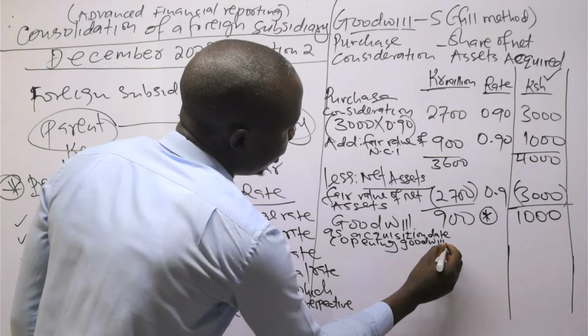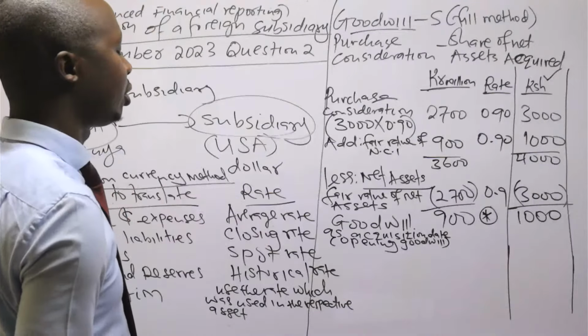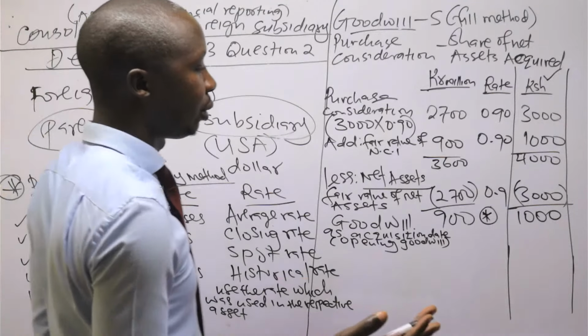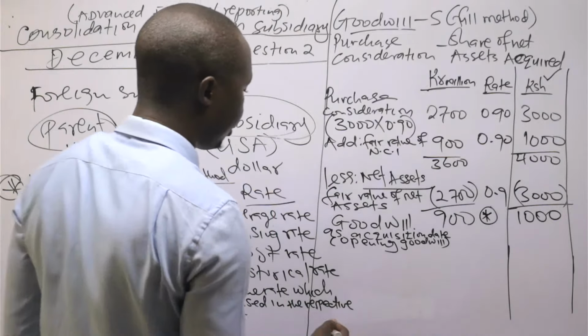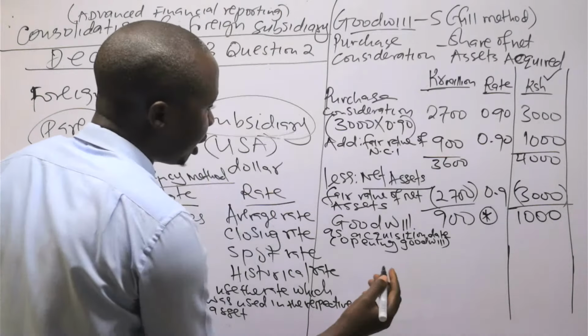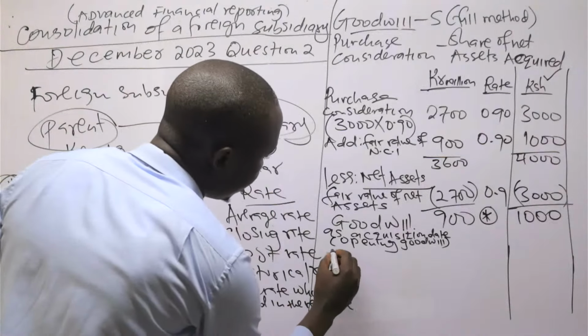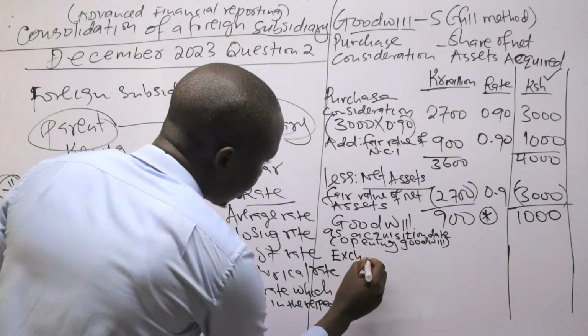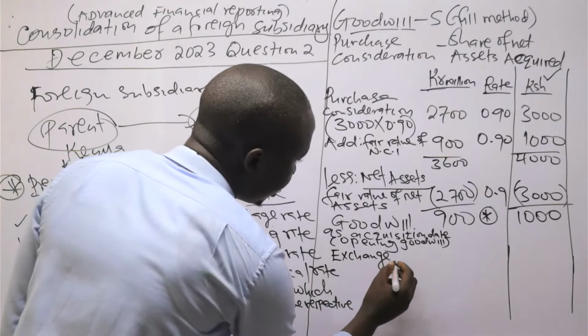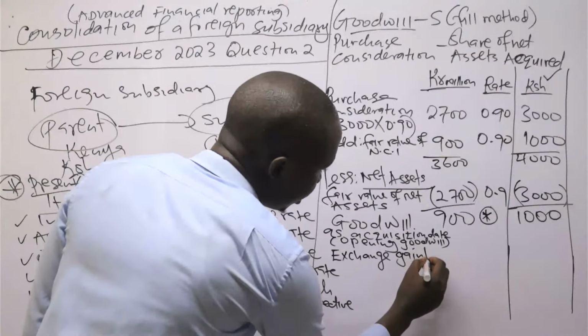I need the goodwill as at the date of the balance sheet, because that is what will appear in the statement of financial position. Doing that, I will get an exchange gain or loss.